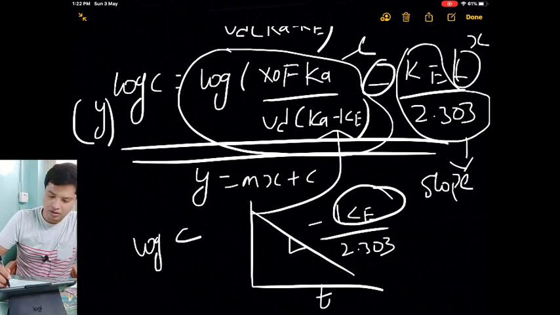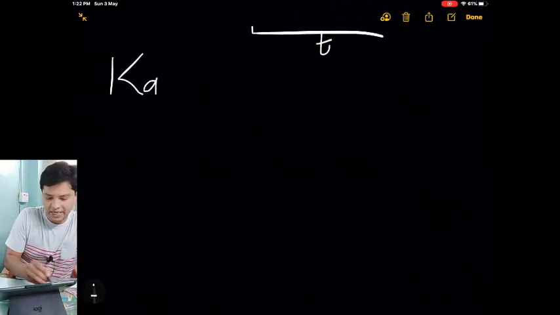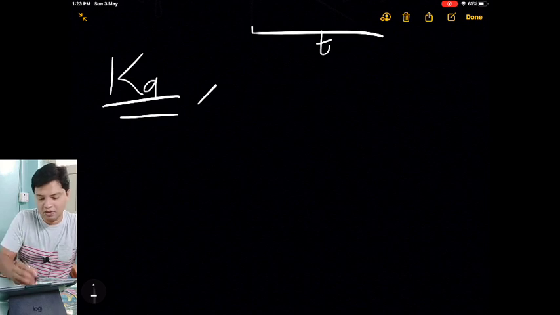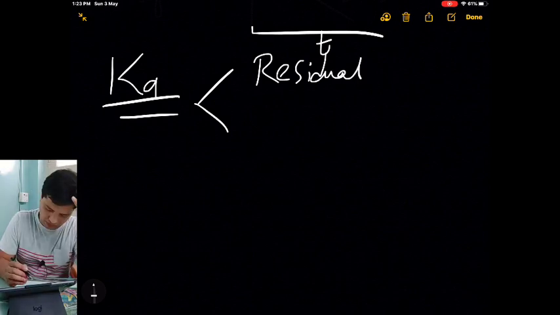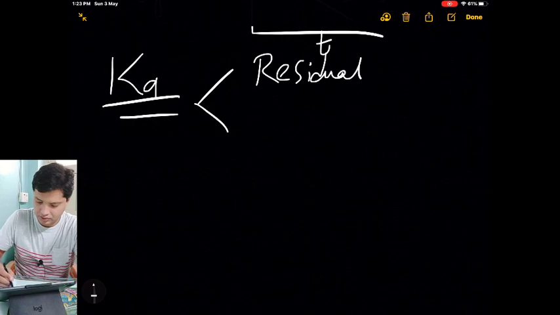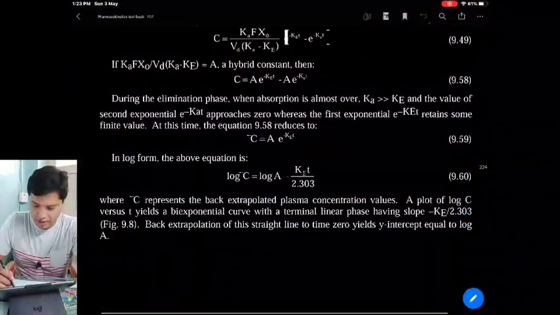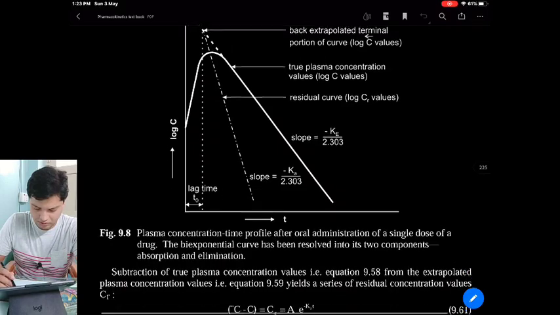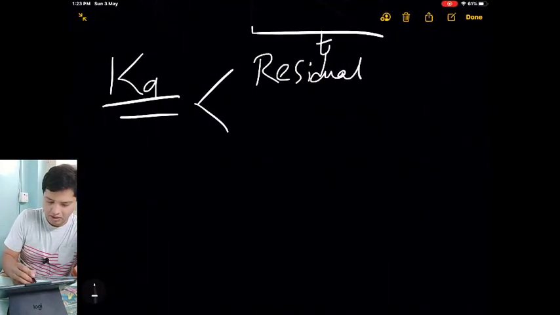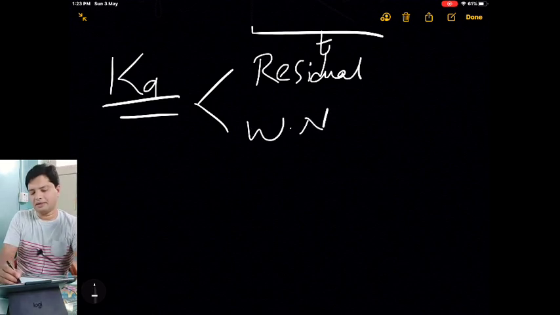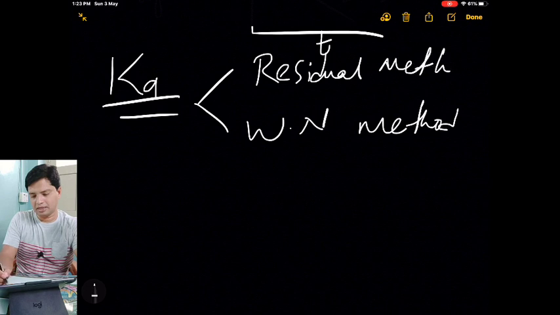Now we will see the determination of Ka. For Ka, we have two methods. One is the residual method, and the other is the Wagner-Nelson method.